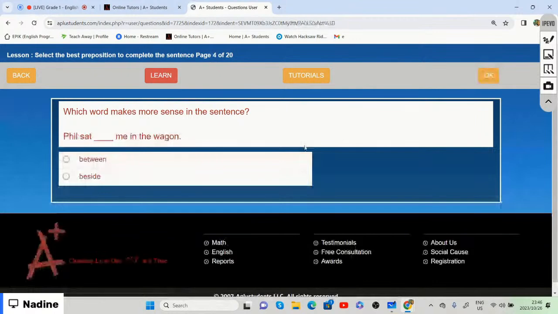And Fullset, do we say between me in the wagon or beside me in the wagon?